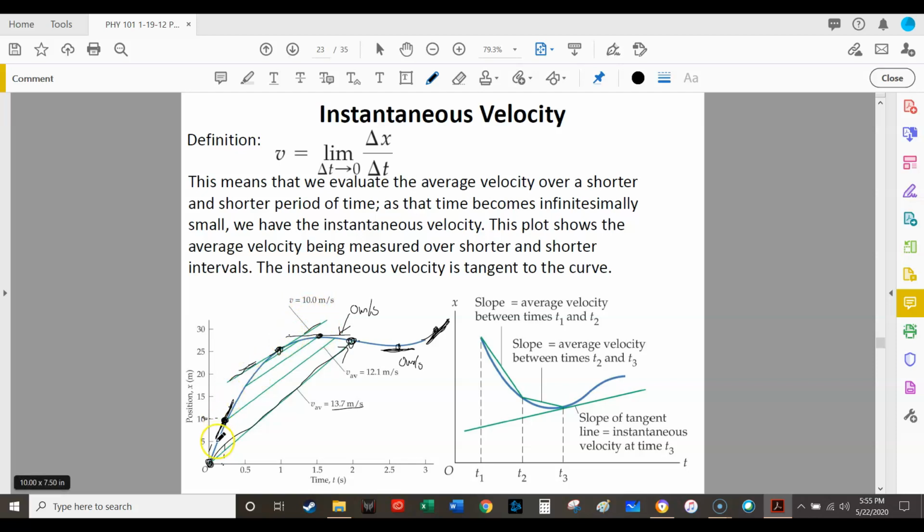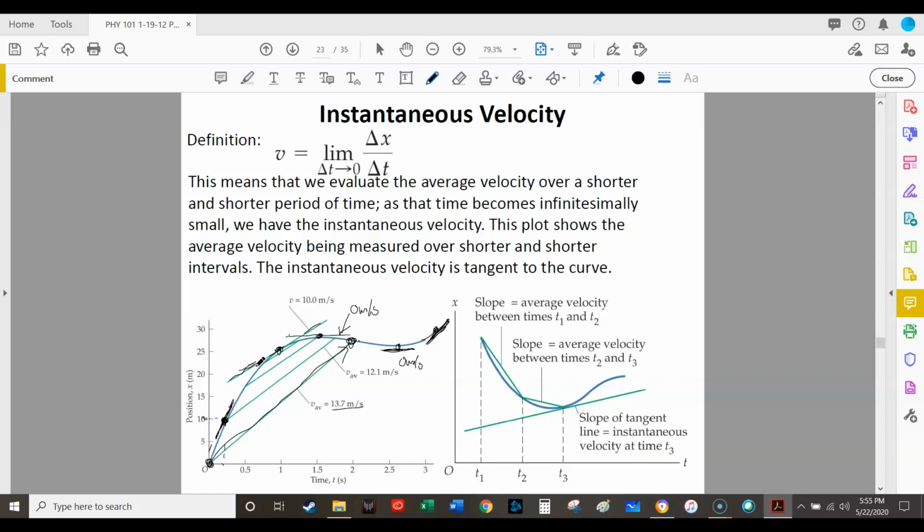Obviously, since your velocity is changing its steepness or its speed, but it's also changing its direction over the entire course of this weird position versus time graph, your average velocity and your instantaneous velocity aren't going to be the same. So I wanted to talk a little bit about the difference between instantaneous velocity and average velocity.